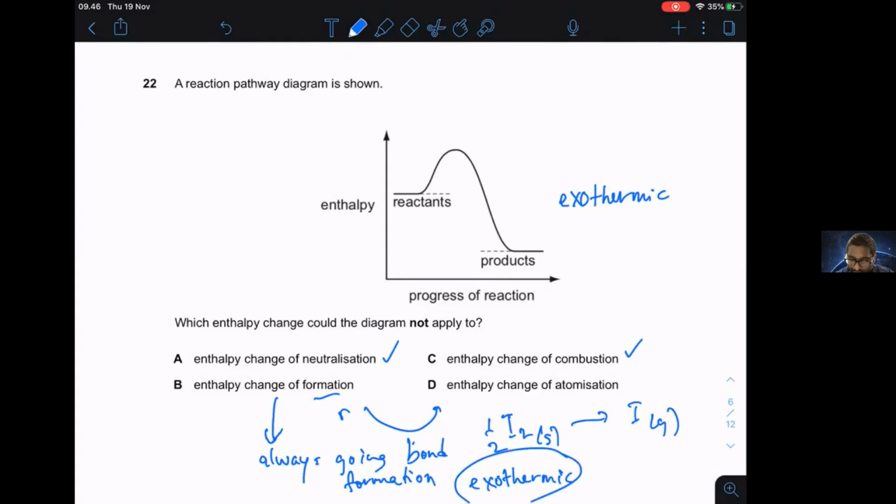And then enthalpy change of atomization, to change into atoms, always involves bond breaking. So this one is going to be endothermic. So it doesn't apply to this. But enthalpy of formation, okay, let me check enthalpy of formation. Is it going to be always exothermic?